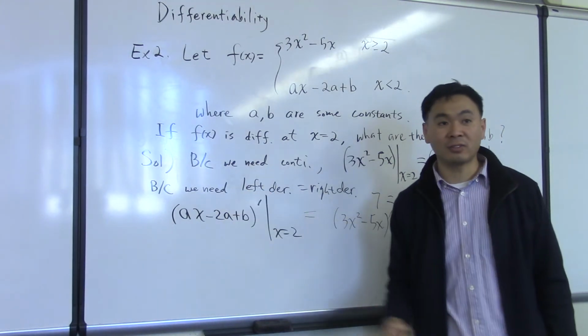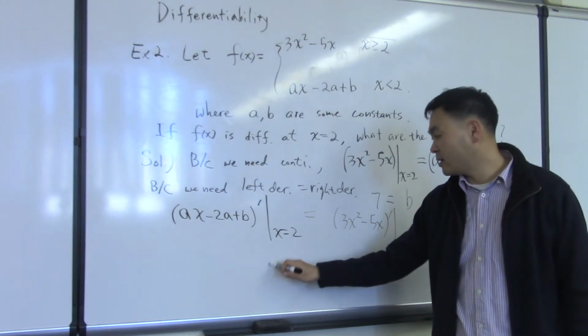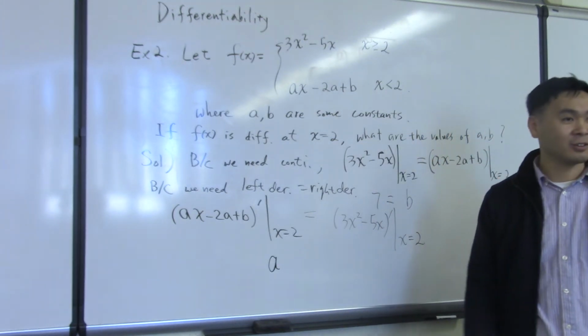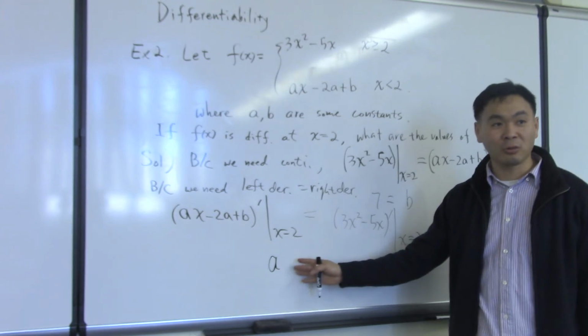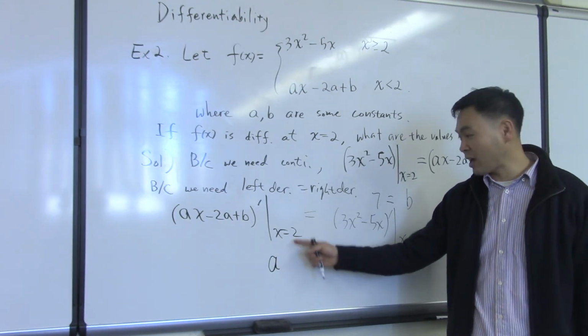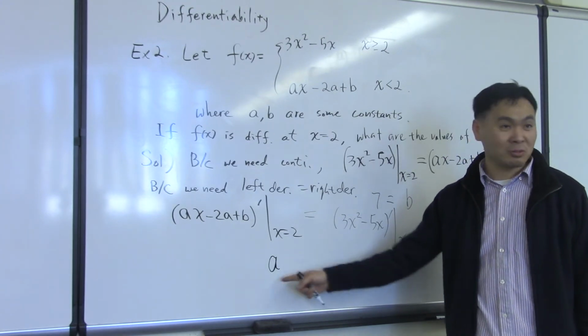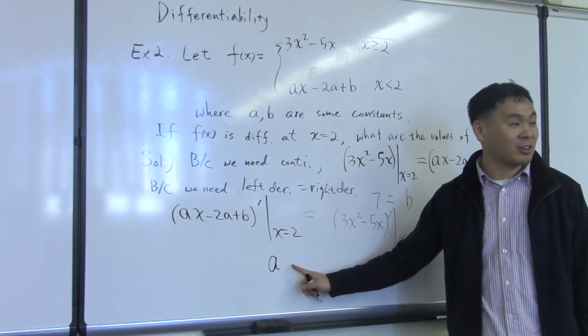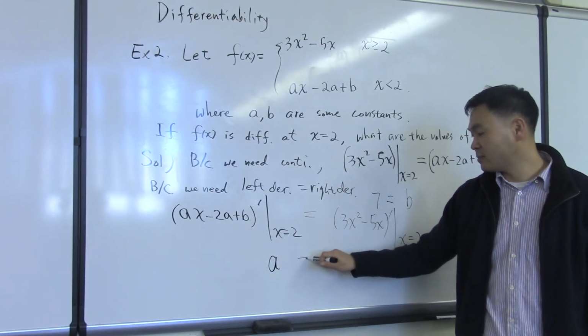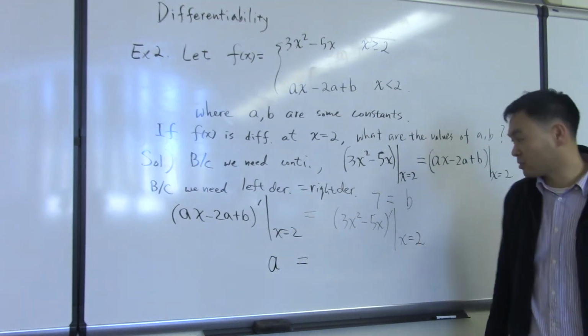So what do you get on the left side? a. Now what do you get if you plug in x equal to 2 here? There's no x in there, so it doesn't matter what value x takes. The left side is a constant function once you differentiate. So a is what you get, even after plugging in x equal to 2.